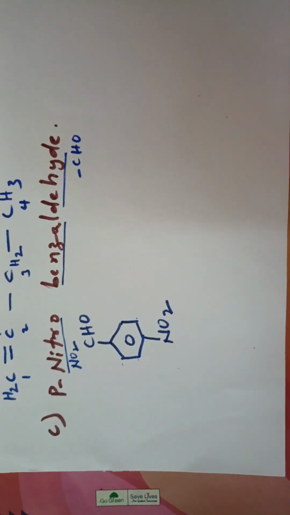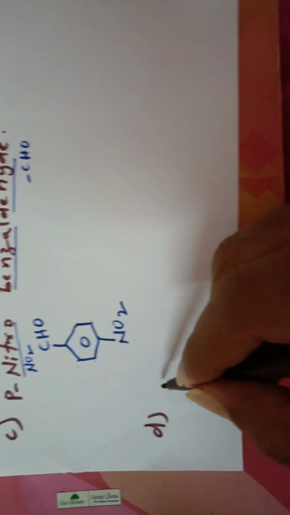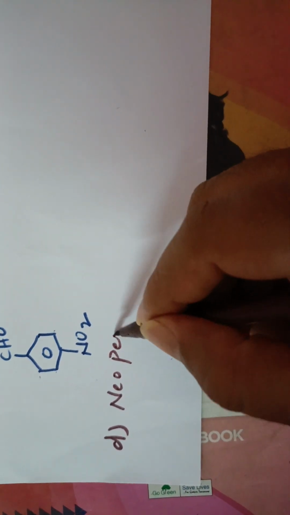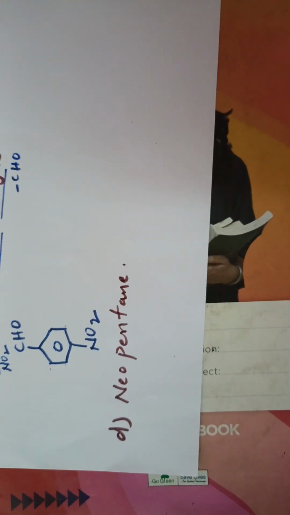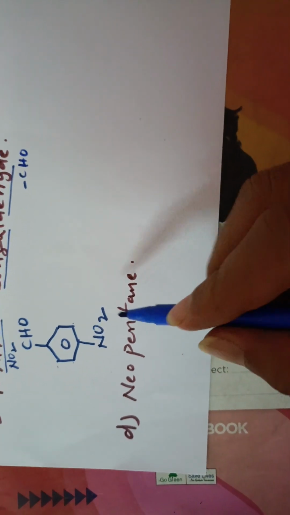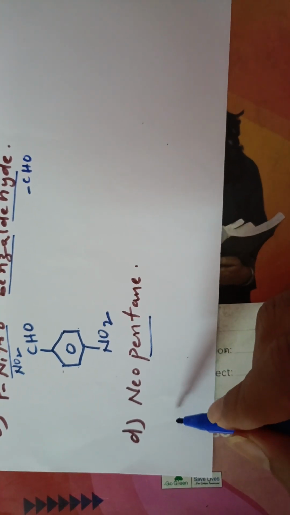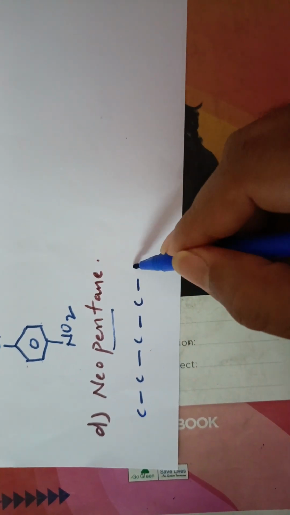And the next question, neopentane. Here the root word is pent. Pent means 5: 1, 2, 3, 4, 5.